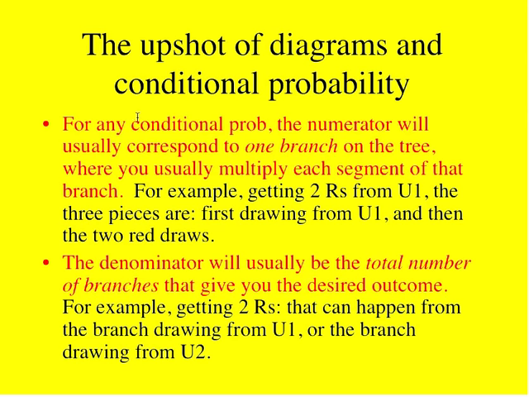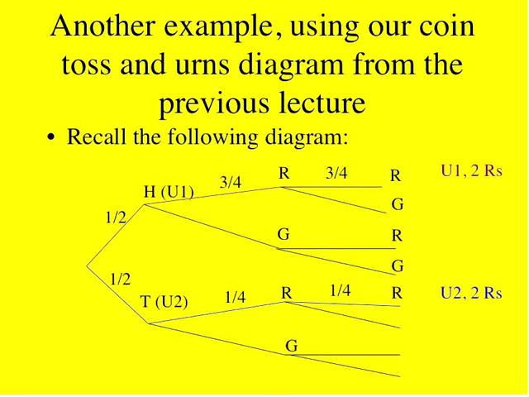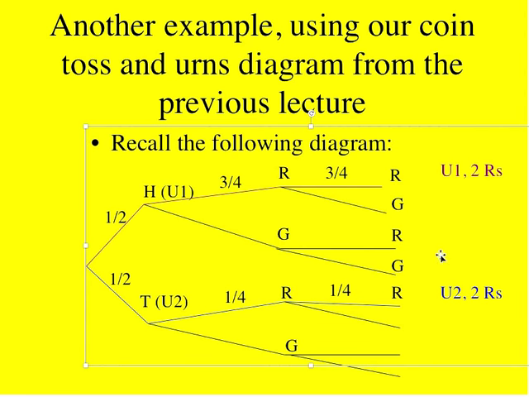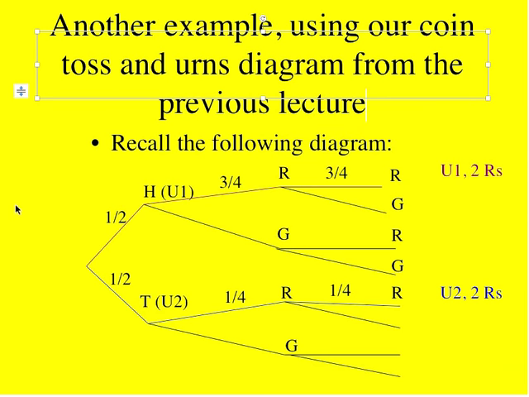So for any conditional probability, the numerator, the thing on the top, will usually correspond to one branch on the tree. The denominator will usually be the total number of branches that give you the desired outcome. What do I mean by that? Let's go back to the diagram. So the conditional probability, after you do the diagram here, will correspond to this branch divided by that branch plus this lower branch. That's the way it usually will work. Okay? Once again, to emphasize that. Once you do the diagram, that's the first step.